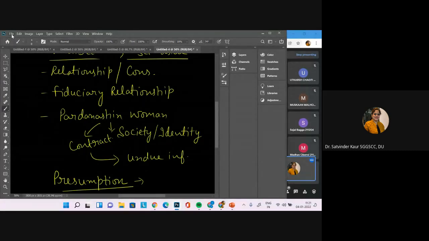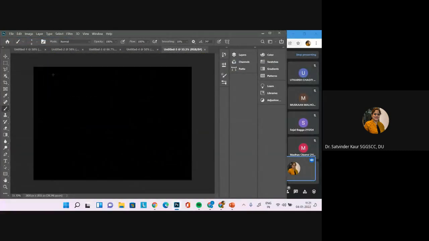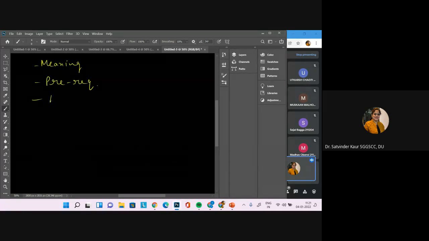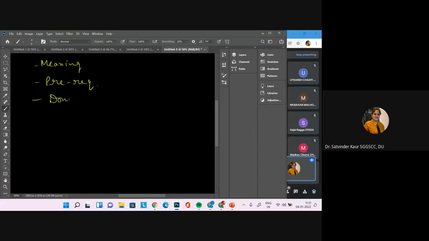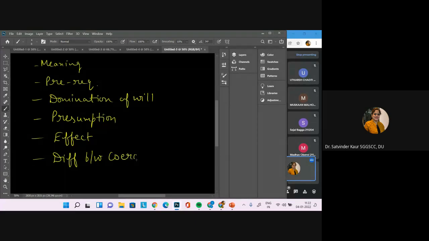So what we have discussed today: meaning of undue influence, prerequisites, then the other prerequisite, where there is a domination of will, then presumption, then the effect, and then the difference between coercion and undue influence.